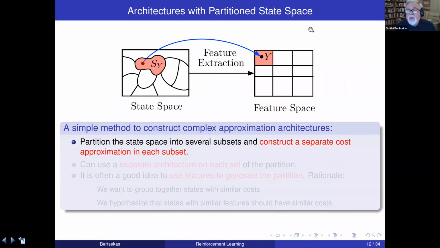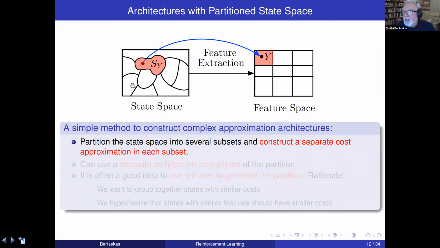Okay, here's another type of architecture that we're going to discuss a little bit later in the course. Suppose you want to construct a complicated approximation architecture, in particular, one that has different structure in different parts of the state space. So here we partition the state space into several subsets, and we construct a separate cost approximation in each subset. Perhaps in some of the subsets, the target function changes quite a bit. It's quite a bit different than in other parts of the state space.